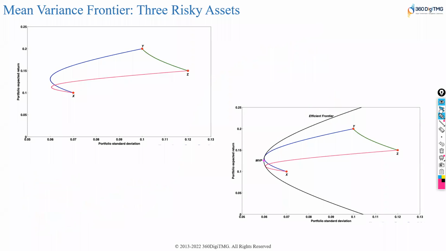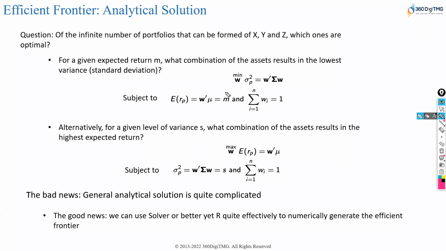This is what is going to help you formulate the problem. So you either might want to minimize the risk subject to expected return, or you might want to maximize the expected return subject to risk.